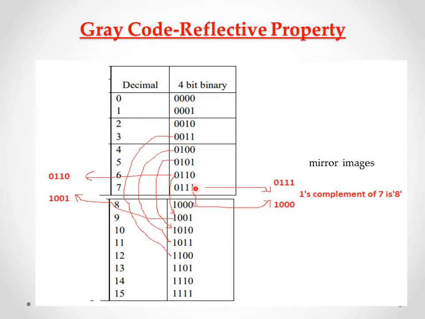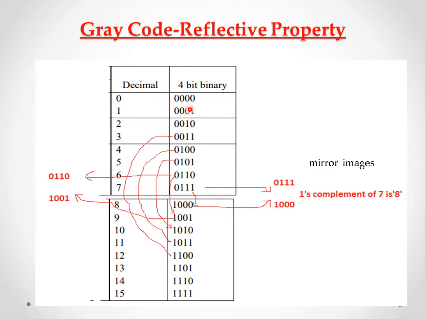Next, if you take the 1's complement of 6, that gives the answer 9. Then the 1's complement of 5 gives 10, and the 1's complement of 4 gives 11. So this is called the reflective property, and we also call it mirror images.